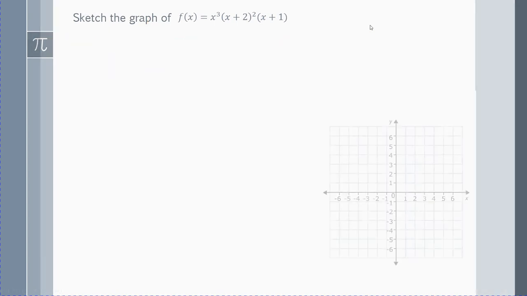So however I sketch this, it's going to need to rise to the right and rise to the left.